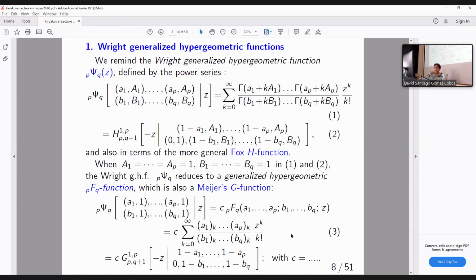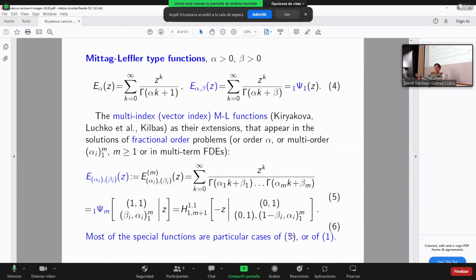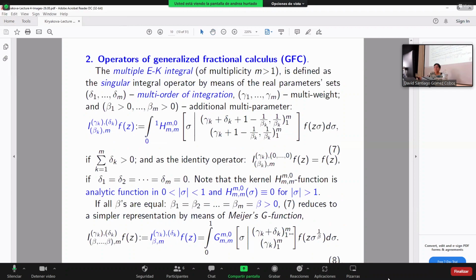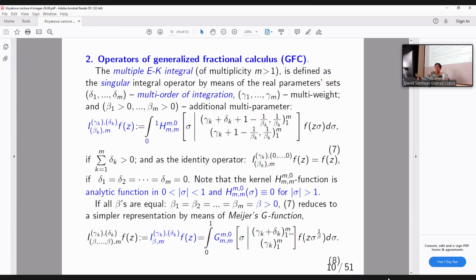I remind now the definition of the Wright generalized hypergeometric function, p psi q, as it was in the previous talk, the multi-index Mittag-Leffler functions, and from the first lecture on Monday, the definition of our generalized fractional integrals and derivatives, which are practically single integrals using special functions like this H-function in the kernel function.